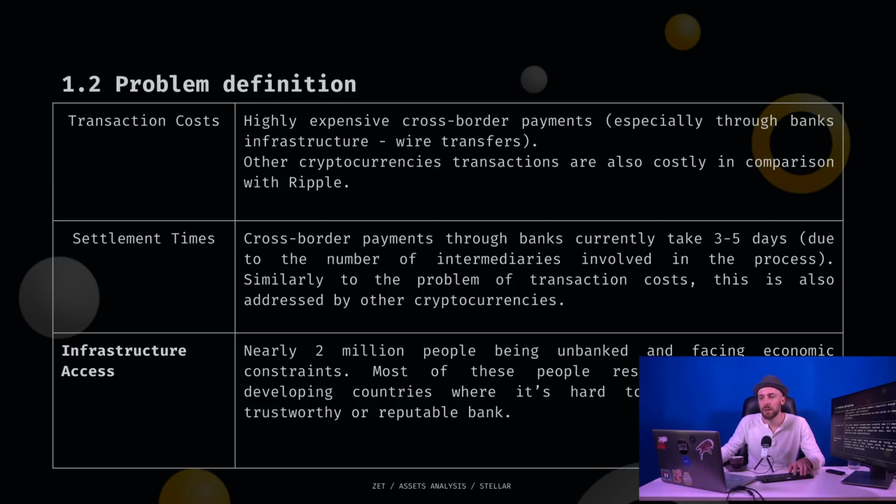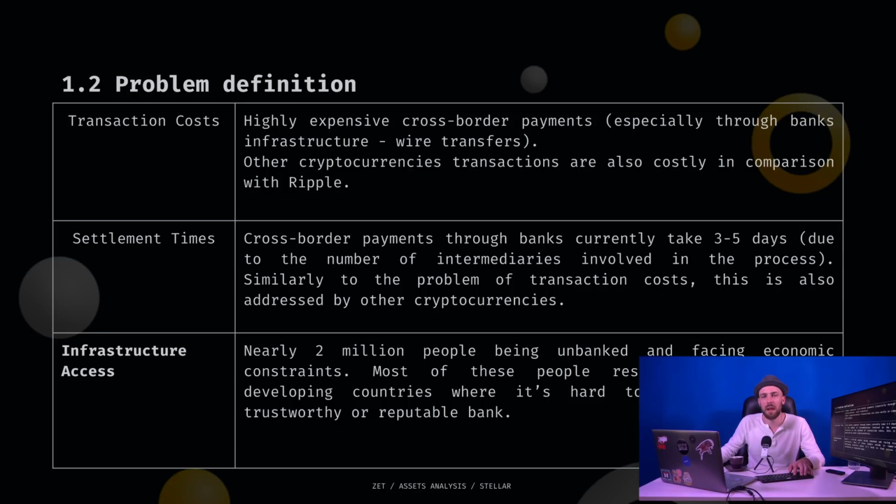2 billion people being unbanked and facing economic constraints.